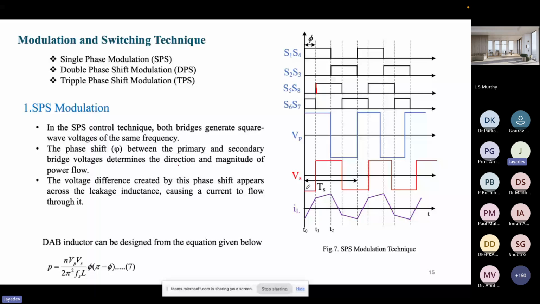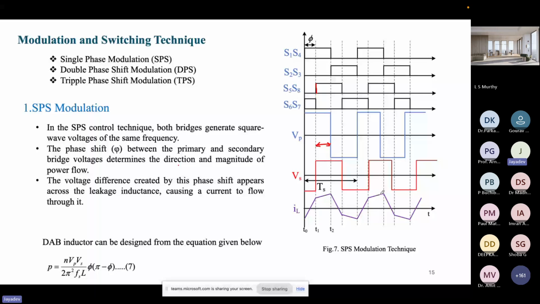In between the phi angle, the voltage difference is more, so the slope is high at this time. But from this point to this point, the voltage difference is not that high, and as it is positive, the slope is positive but less. Similarly, the remaining time operates in the same way.